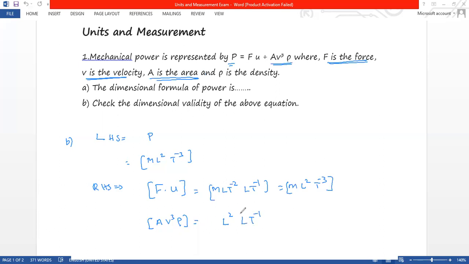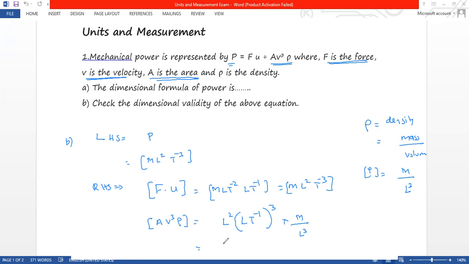So V cube means L t raised to minus 1 whole cube. Then rho is the density, right? Rho equal to density. What is density? Mass by volume. Mass divided by volume is called density. So dimension of density is equal to mass is M, volume is side into side into side, that is L cube. So dimension of rho equal to M divided by L cube.